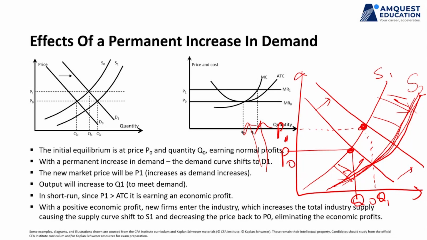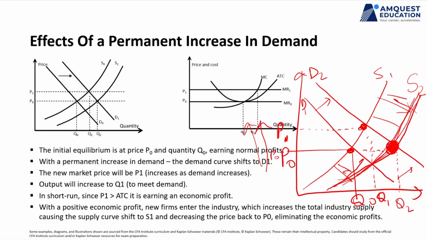Now what is the new equilibrium point? Look here. This is D2, right? Earlier it was D1, now D2. Where are D2 and S2 meeting? D2 and S2 are meeting here. And notice that my new equilibrium point is actually at the same original price, but the quantity has become Q2.